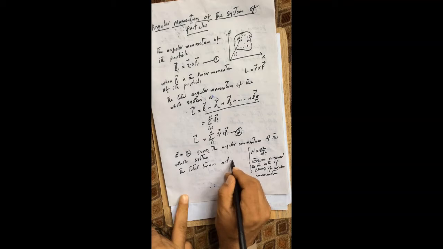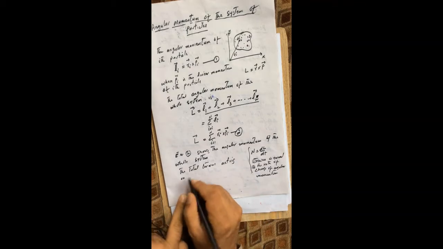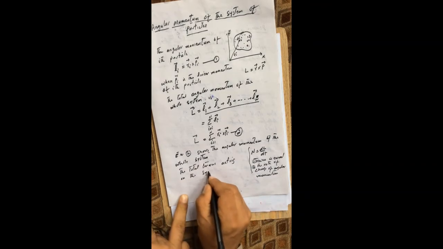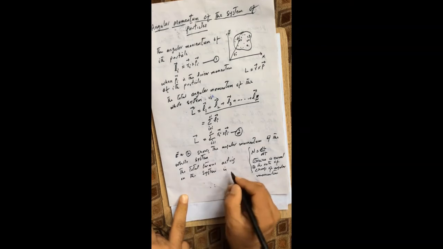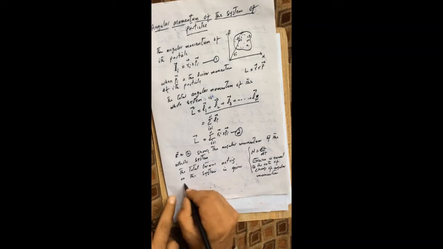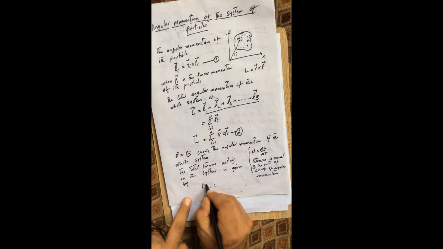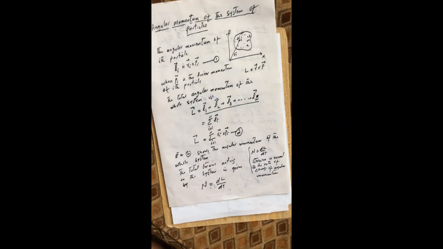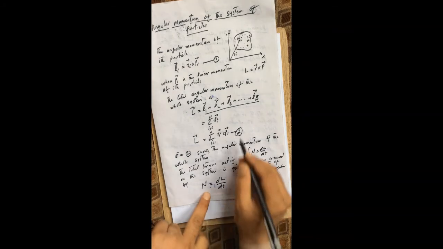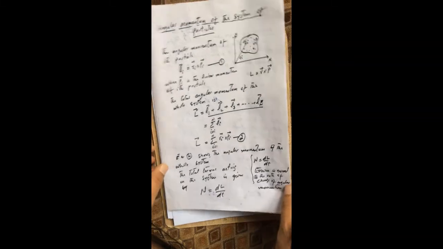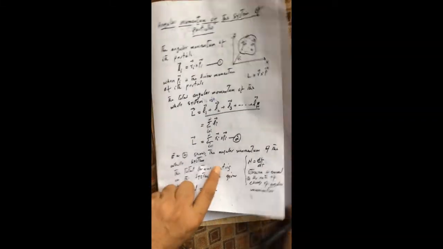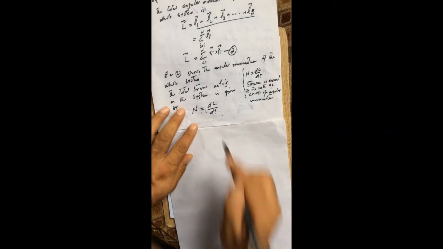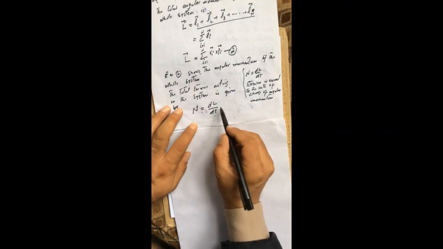So the total torque acting on the system, which I represent by this capital N, will be equal to the rate of change of angular momentum, dL over dt. But we know that the value of L is given by equation number 2. So here I will put the value of L from equation 2.